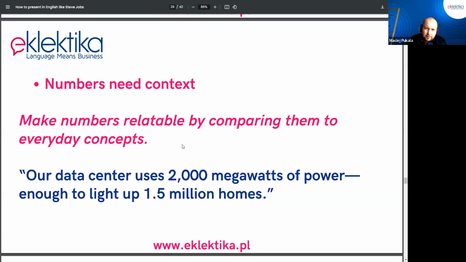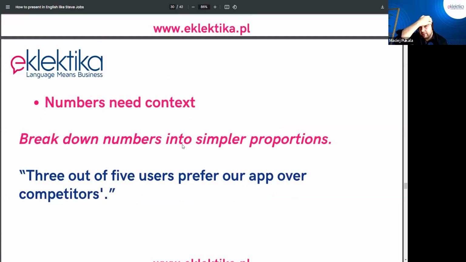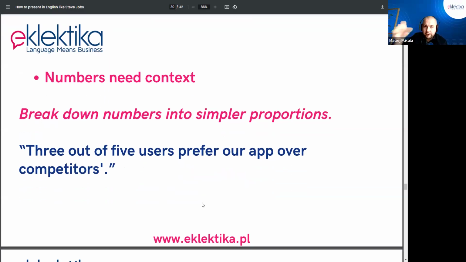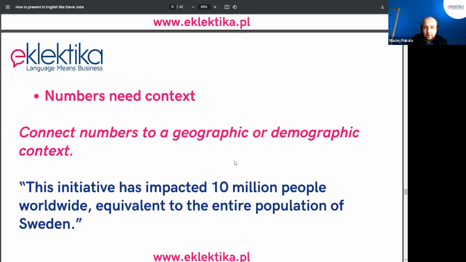More on numbers in the course: you can find making it into simpler proportions, for example. Instead of an actual figure, you're giving a fraction, for instance. So 3 out of 5 users prefer our app over competitors.